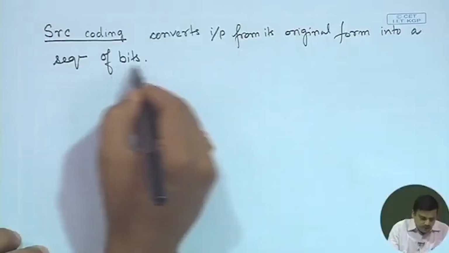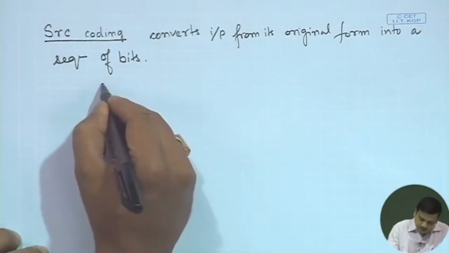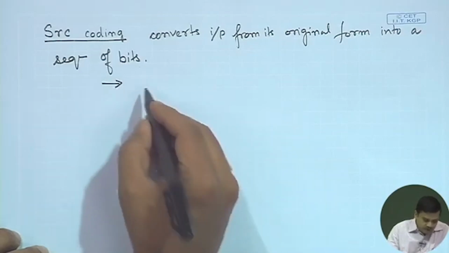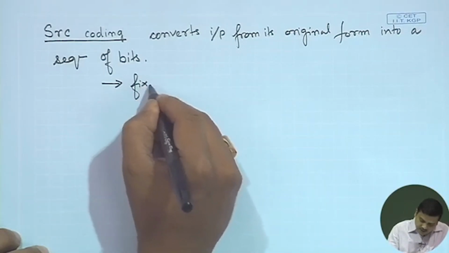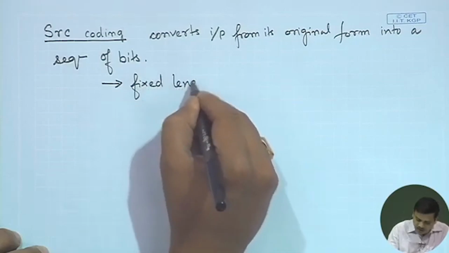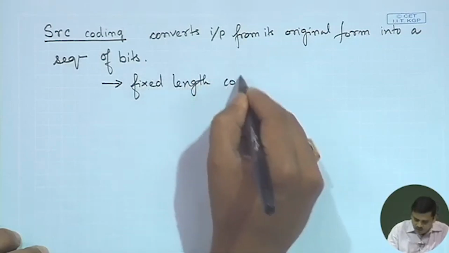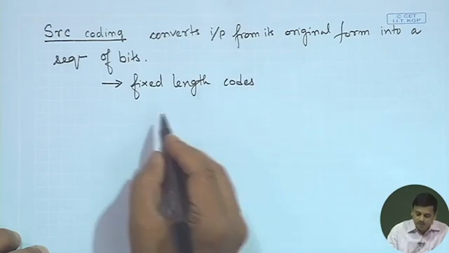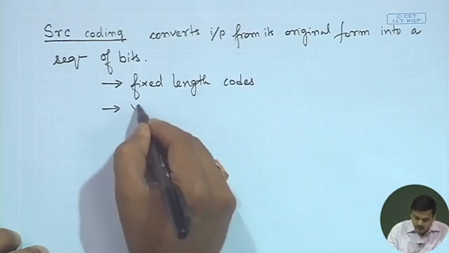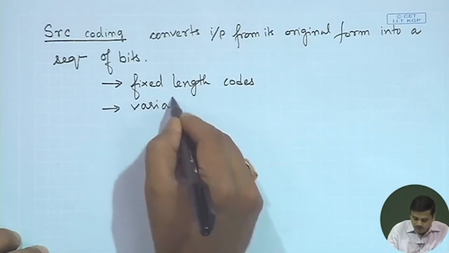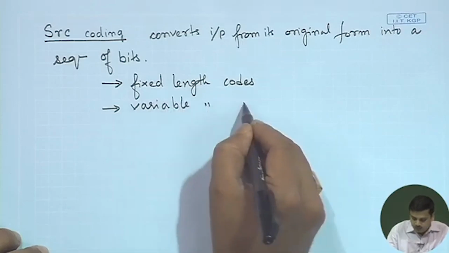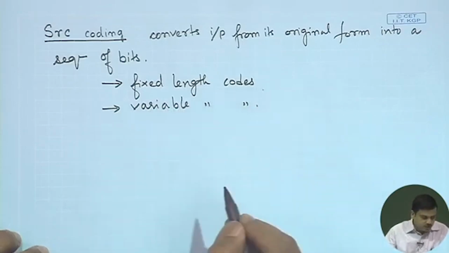So, beyond a conversion to a sequence of bits, these sequences of bits can be fixed length codes. We will slowly understand what is meant by codes and what is a fixed length code. They could also be converted into a variable length code, that is what we are going to see.